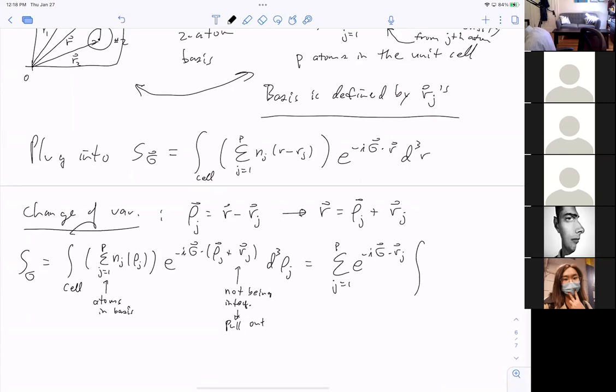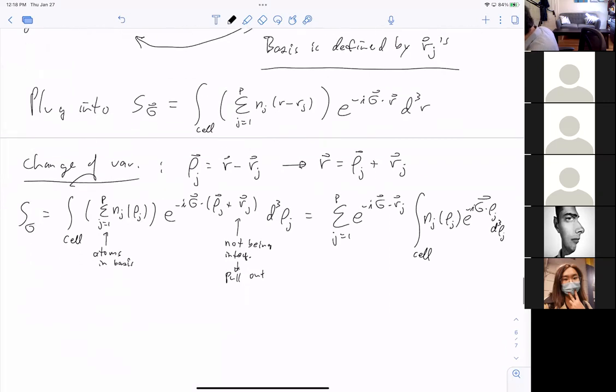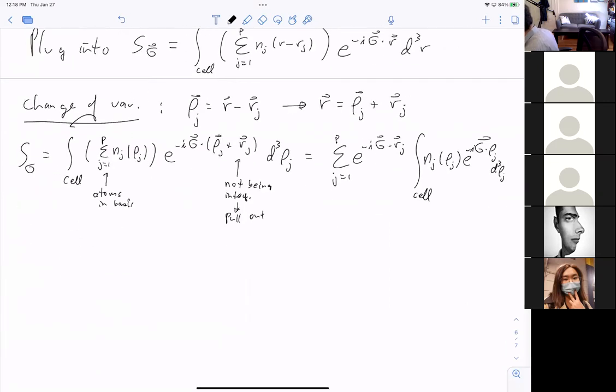And now I'm integrating over the cell n sub j of rho sub j e to the minus i g dot rho j d cubed rho j.